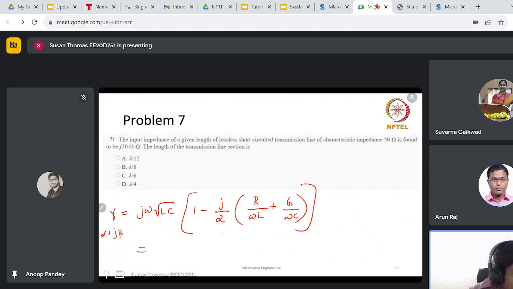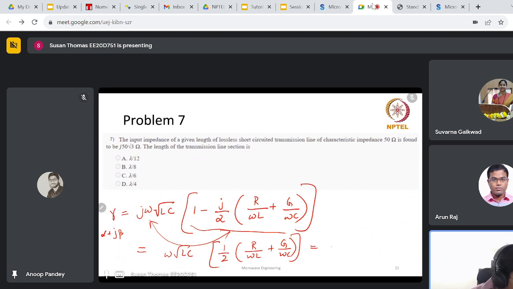So this is after expanding for the binomial expansion. If you multiply these two, you will get omega root LC multiplied by 1 by 2 into r by omega L plus g by omega C.